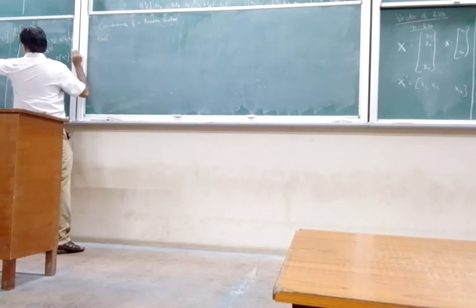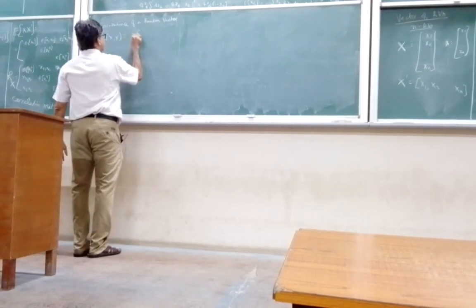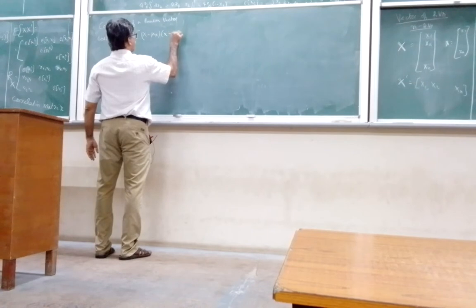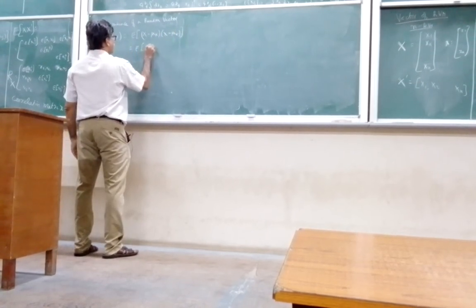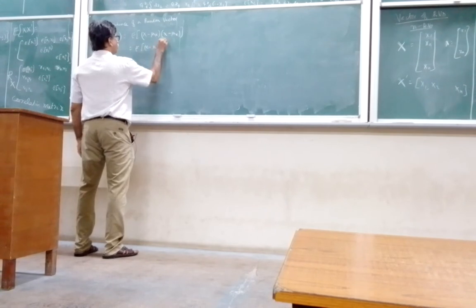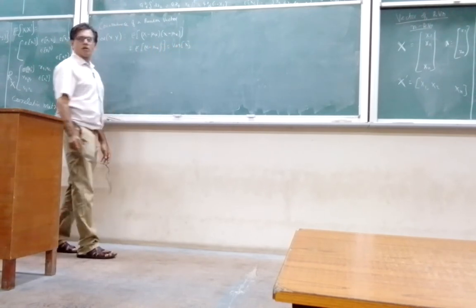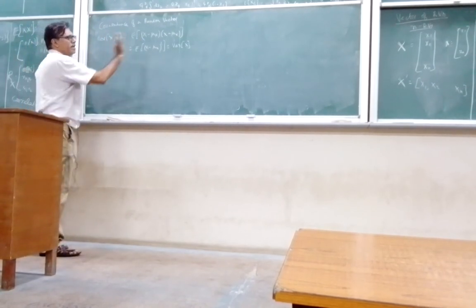Covariance, in place of x and y, you put x and x. It is expectation of x minus mu x into x minus mu x. That is the variance.